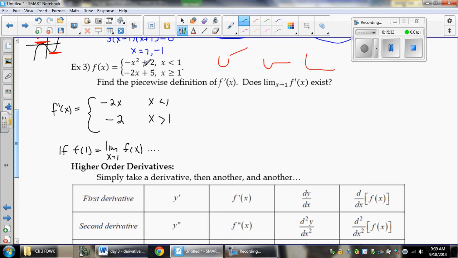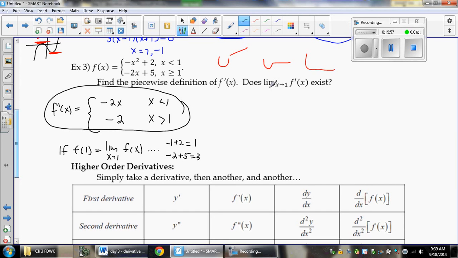So if I plug 1 into here, I'm going to get negative 1 plus 2, which is 1. And if I plug 1 into here, I'm going to get negative 2 plus 5, which is 3. Well, that means my limit from the left does not equal my limit from the right, so it's not continuous at 1. Therefore, the derivative can't exist at 1. Therefore, this is my derivative.